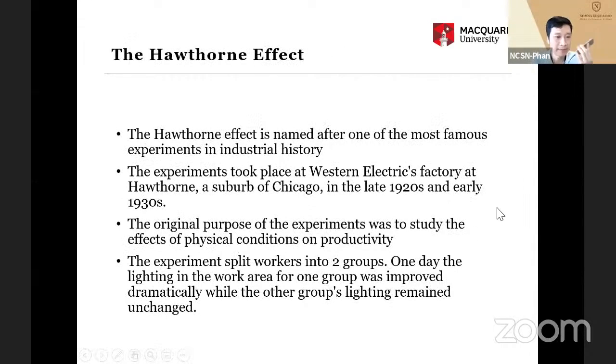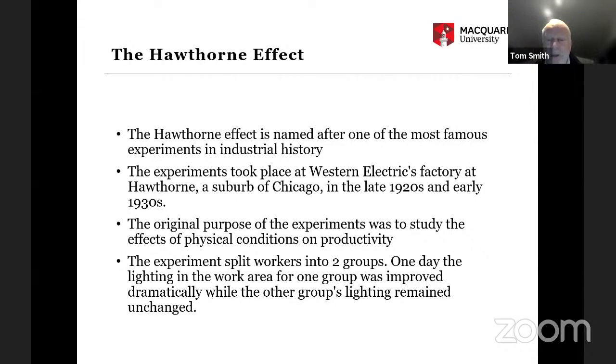We don't have the Hawthorne effect. The Hawthorne effect is where the experimenters themselves had an effect on the outcome, right? In the Hawthorne experiment, people were looking at whether changing work conditions, like lighting or hours or when they had rest breaks, would have an effect. And everything worked, right?